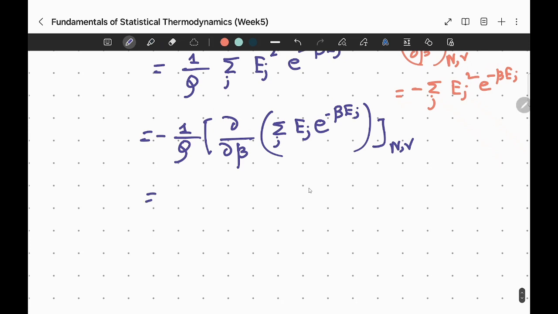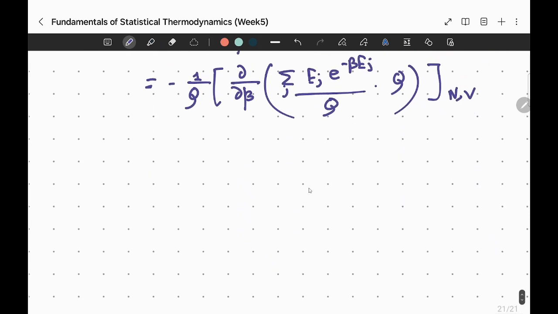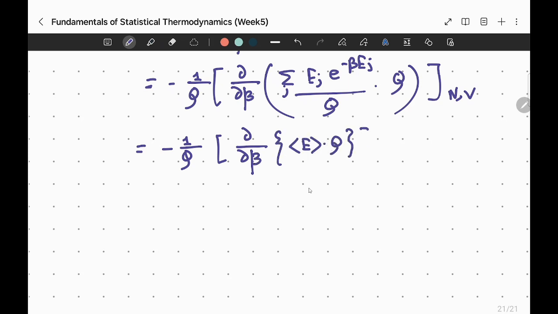So you can write it as 1 by Q del beta, divided by Q into Q. No problem, I just divided by Q and multiplied by Q. So what will it be? E average into Q. Is it clear?